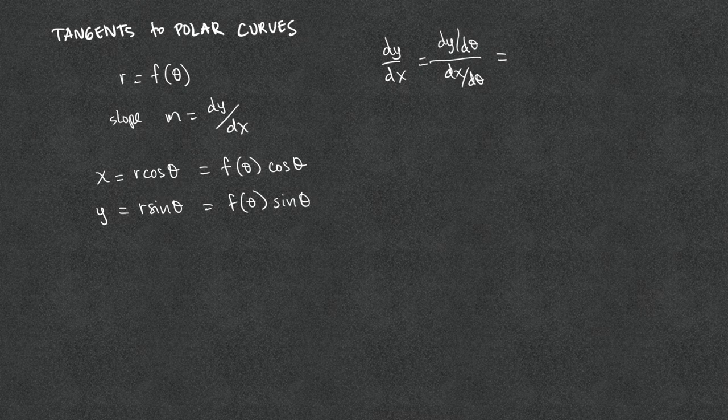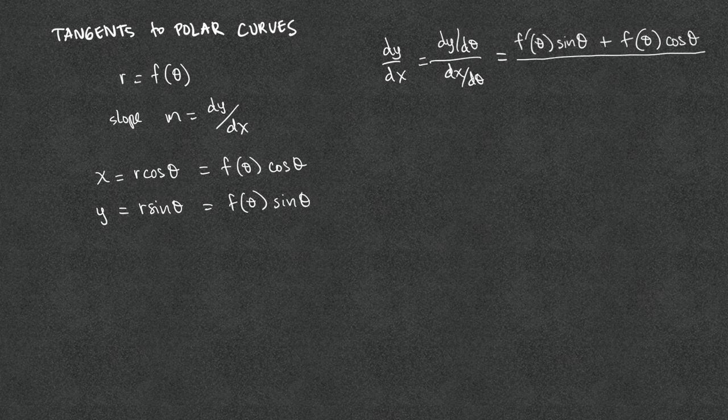But dy over d theta is the derivative of y with respect to theta. To take the derivative of y with respect to theta, we use the product rule: f prime of theta times sine theta plus f of theta times the derivative of sine theta, which is cosine theta.